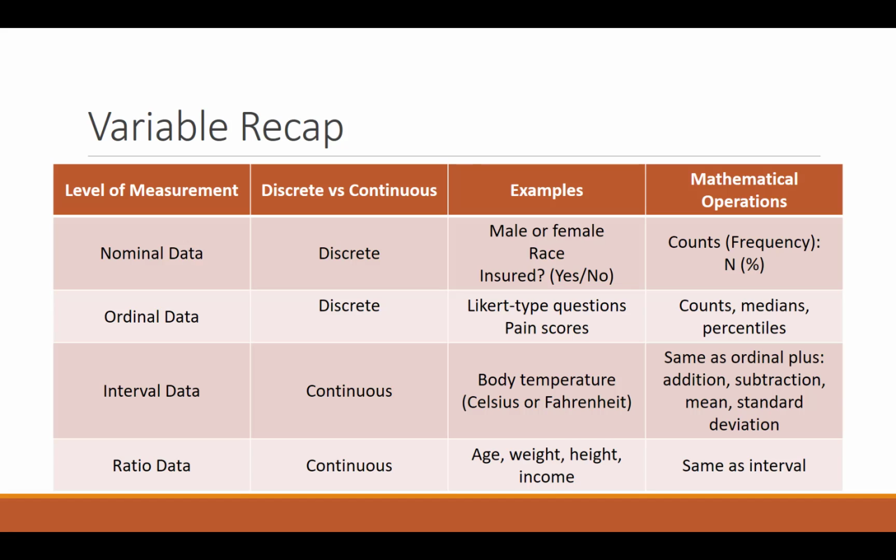However, the 0 point is not meaningful, so we can use the same mathematical operations as ordinal data. However, we can also do addition, subtraction, we can take the mean value, and we can take standard deviations. Ratio data is similar to interval data, except the 0 point is meaningful. These are things like age, weight, height, and income. We can do essentially the same mathematical operations as interval data.